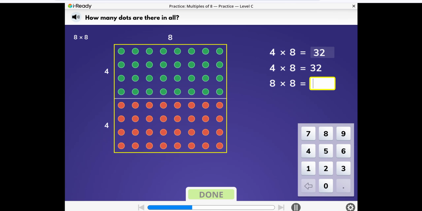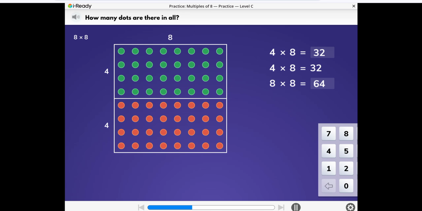So, are you telling me 32 plus 32? Let's do it right away. That equals 64. Who does not know that? 8 times 8 equals 64.